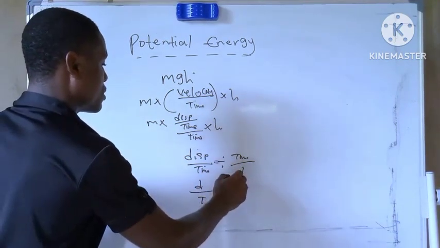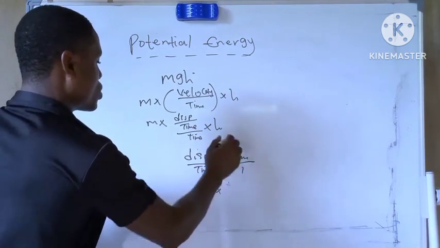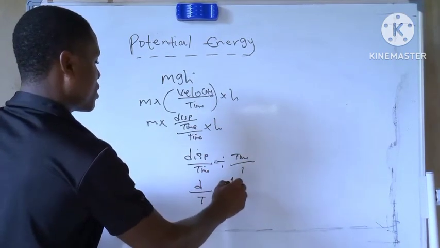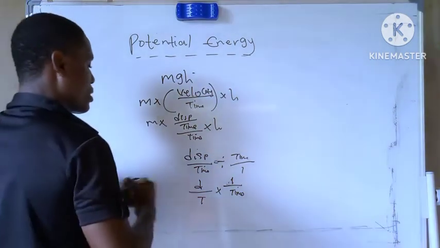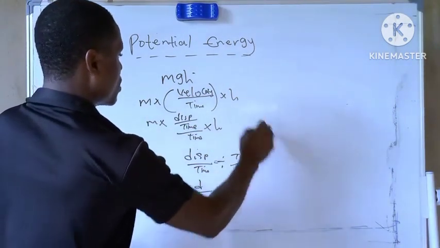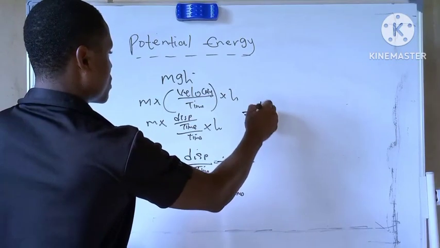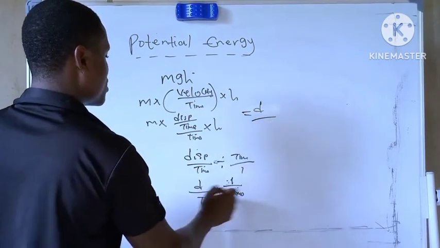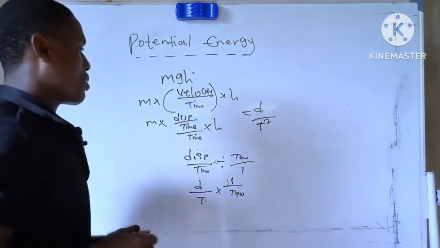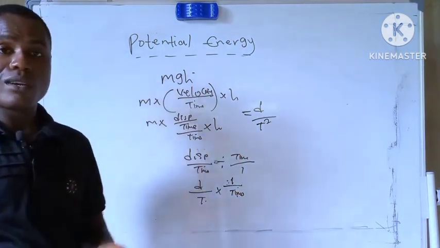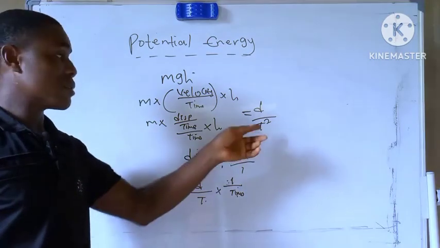So we have, this one will come up 1 all over time. Are you getting it? So displacement multiplied by 1 will give us displacement all over t multiplied by t will give us t square. Okay, don't be confused. T is a symbol of time. You can write it full or you can write it this way.